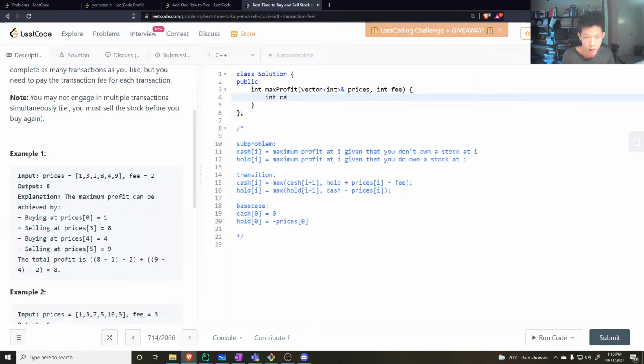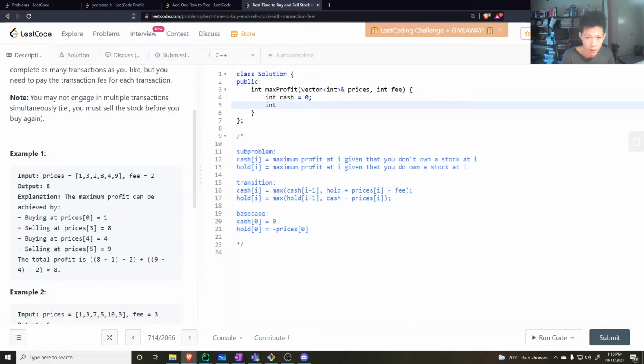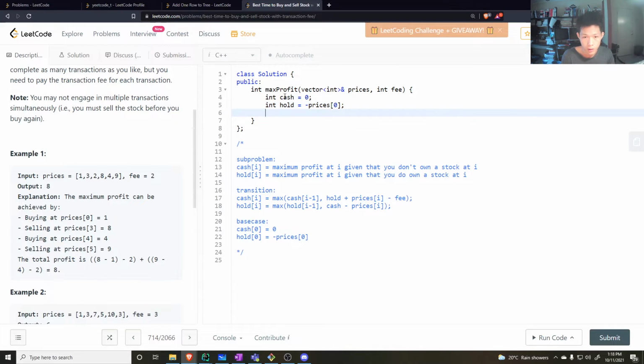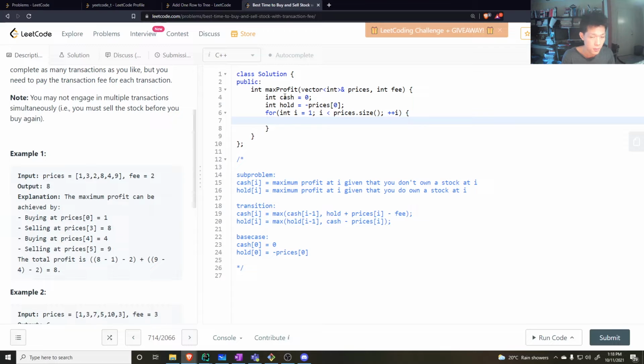hold values. Cash is equal to 0, and we have int hold equal to the prices at 0, negated. Then we can do for int i equals 1, i less than prices.size, plus plus i. Let's keep track of the previous values of cash and hold.